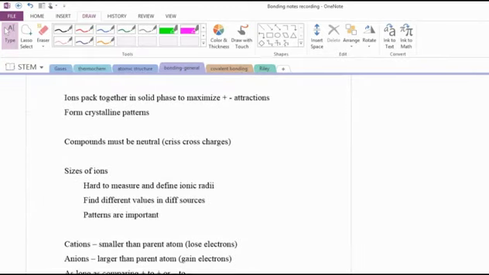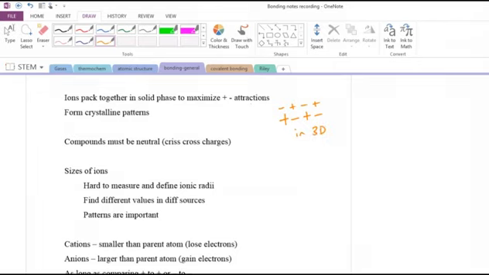Now when ions come together in the solid phase, they're going to form crystals, as they pack together to maximize the positive and negative attractions. So we would have this kind of thing going on, but in 3 dimensions.